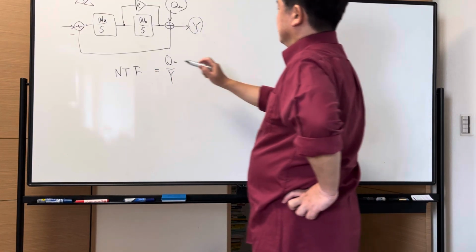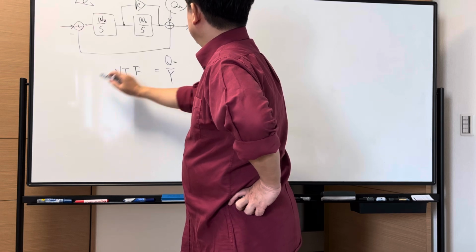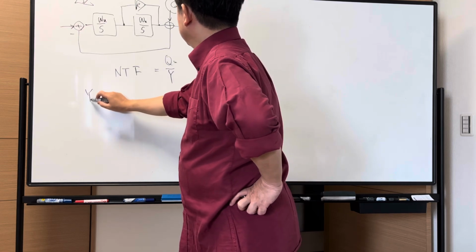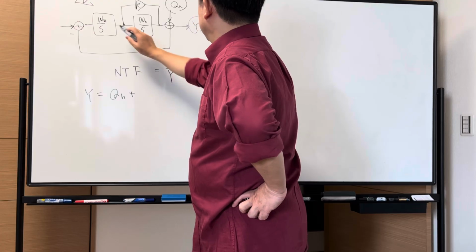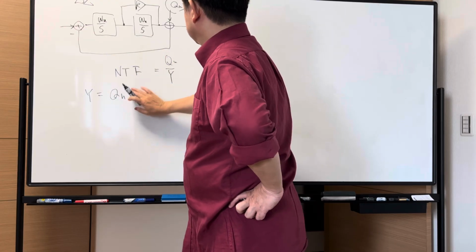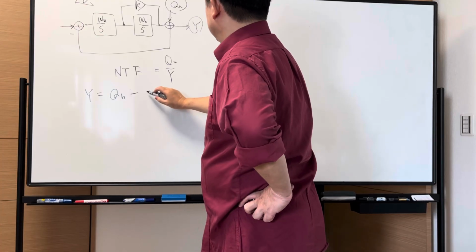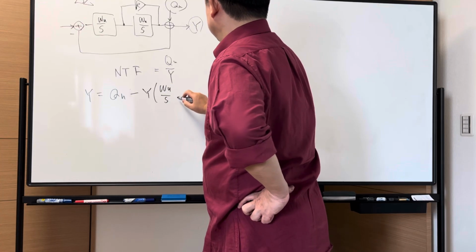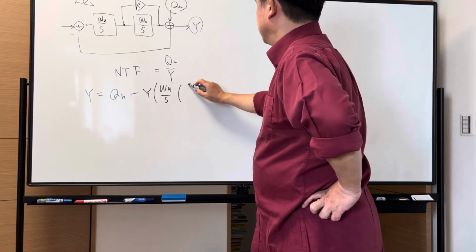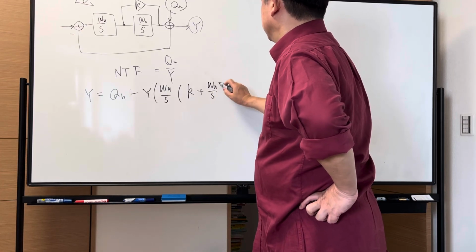In this delta sigma, y equals Qn minus y times omega u over s times K plus omega u over s.